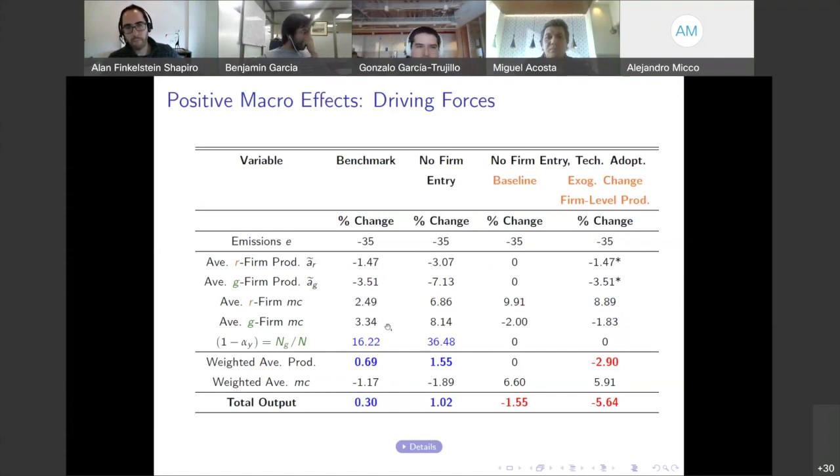My guess is that you have some space to improve, but at some point you have a threshold above which you will not have more reallocation of firms going from the dirty sector to the clean sector. So you will start seeing negative effects on the economy, right?